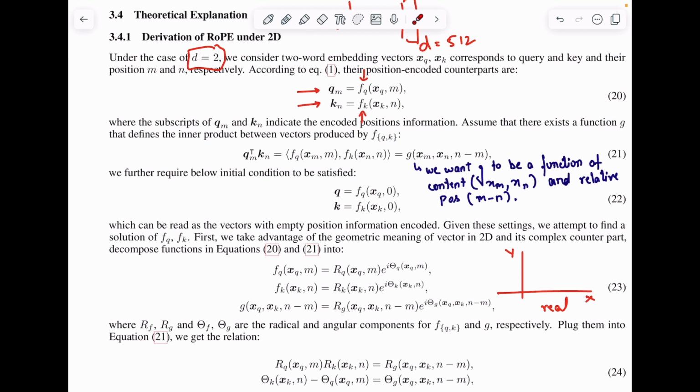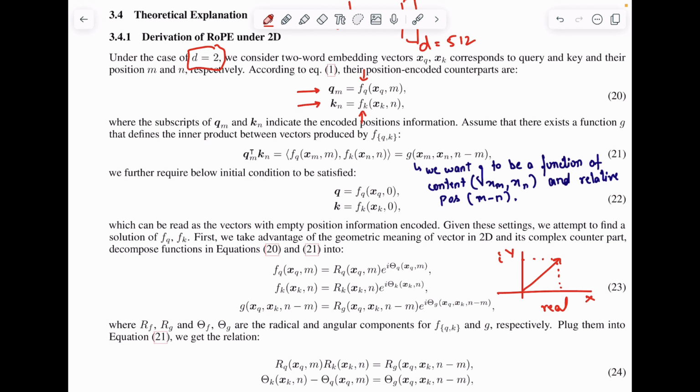Okay. So now, given this, we go back to our high school basic mathematics of vector algebra, where a vector can be represented in the 2D space. For example, if this is the vector, it can be represented in the real and the imaginary axes, which are represented by the x-axis and y-axis respectively.